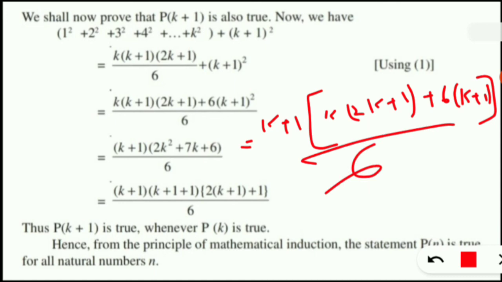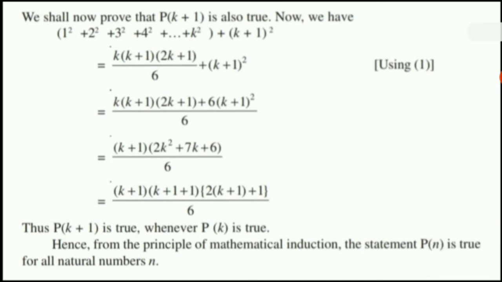So after simplification you get k plus 1 into 2k square plus 7k plus 6 whole divided by 6, simple things. Next, if we split the middle term of 2k square plus 7k plus 6, then we get k plus 1 into k plus 2 into 2k plus 3 whole divided by 6.